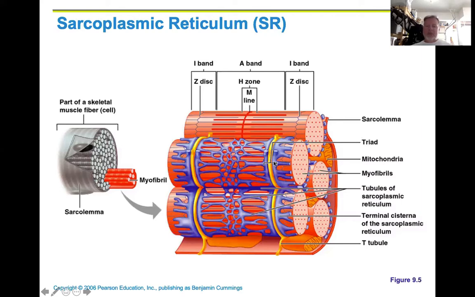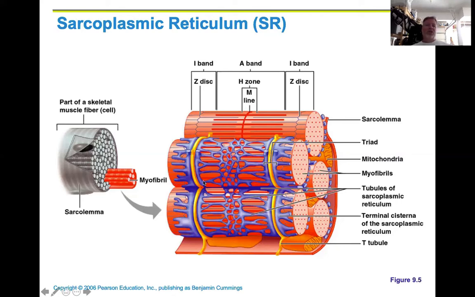Now the T-tubules themselves, the yellow here, are continuous with your sarcolemma, the membrane of the muscle cell. So these conduct impulses. We're trying to get nerve impulses into the deepest regions of the muscle. And then these impulses signal for the release of calcium from the terminal cisternae.